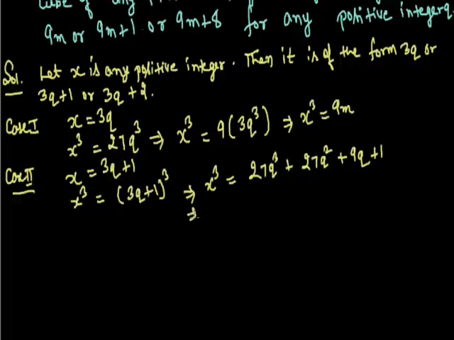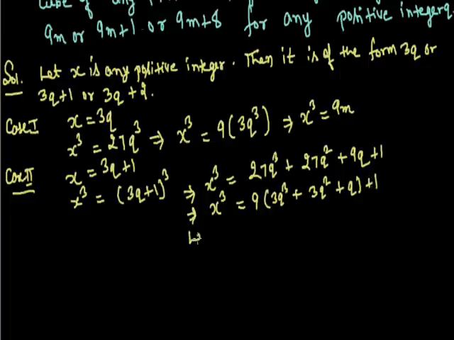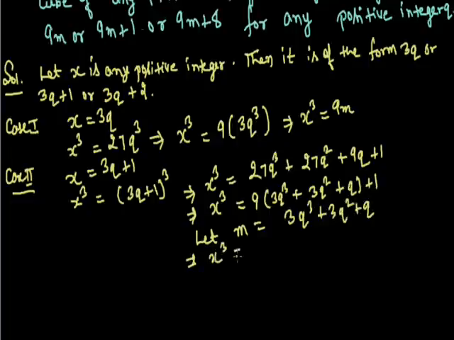Now take common 9 from the first 3 elements, so 3q cube plus 3q square plus q, plus 1. Now let m equal to 3q cube plus 3q square plus q. So therefore x cube is equal to 9m plus 1.